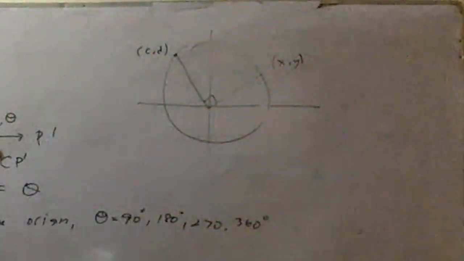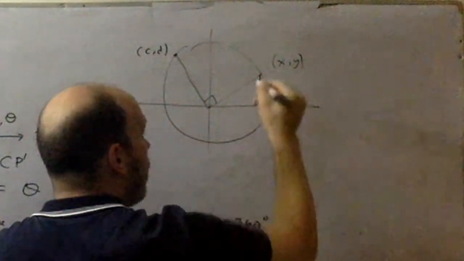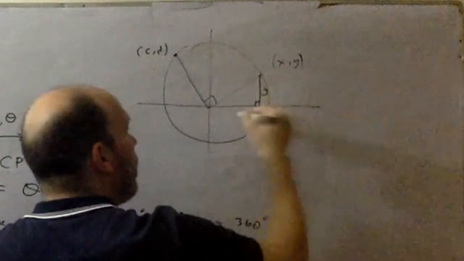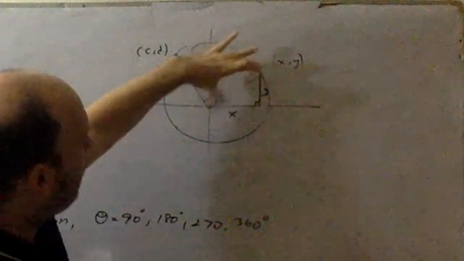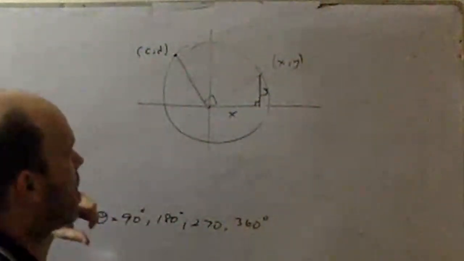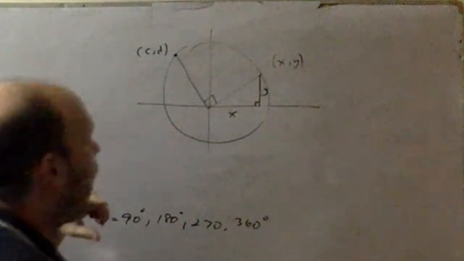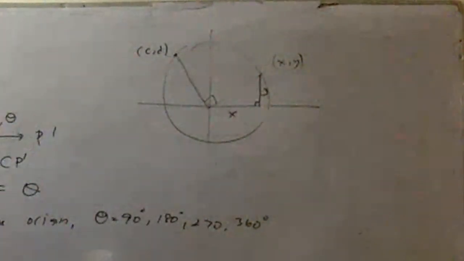If we drop this here, this is y, this is x. So what's happening here? Any ideas?